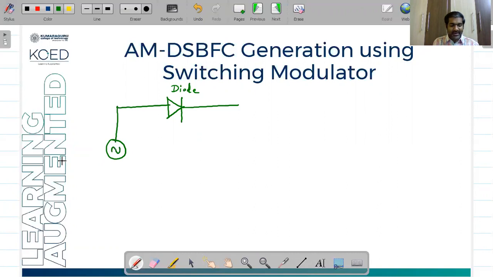So this is my carrier signal, and this is my message signal. The carrier is Ac cos omega c t, and m of t is my message.